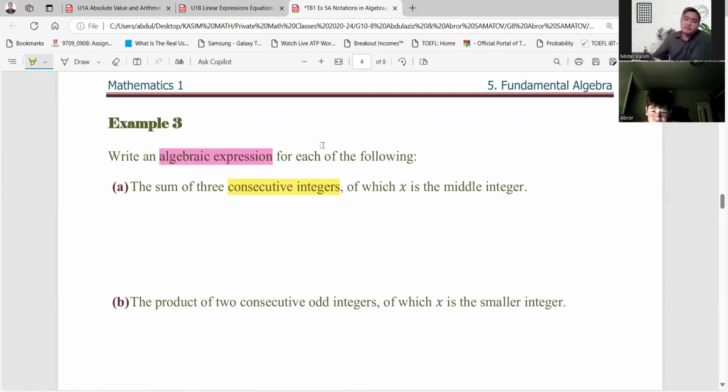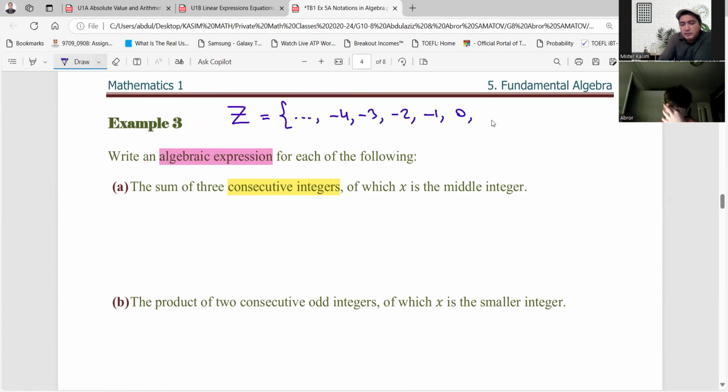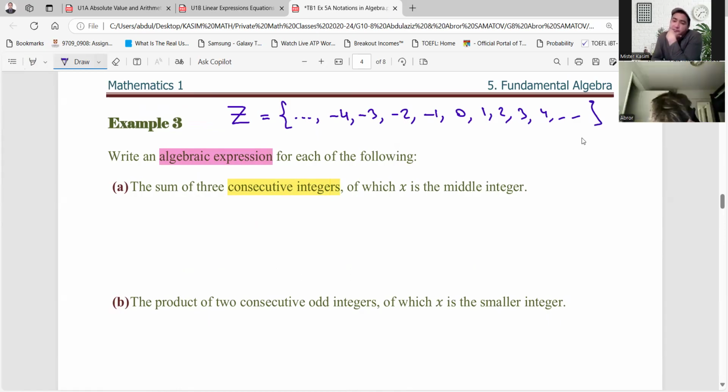Usually we label integers by Z, which means the set of integers: negative 4, negative 3, negative 2, negative 1, 0, 1, 2, 3, 4, and it continues. They don't have any fraction or decimal part.